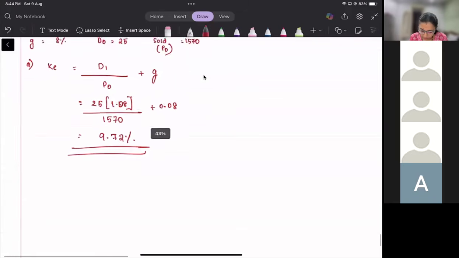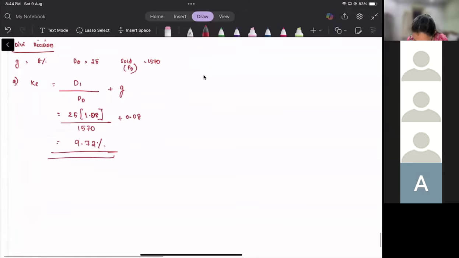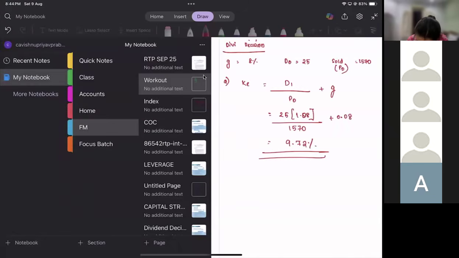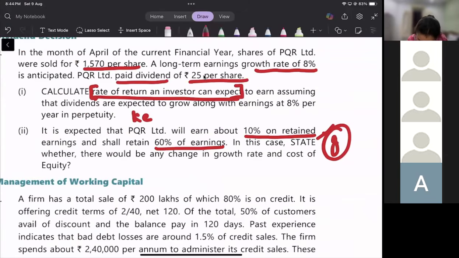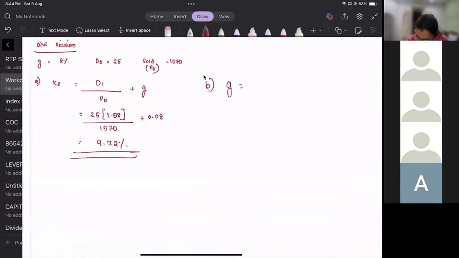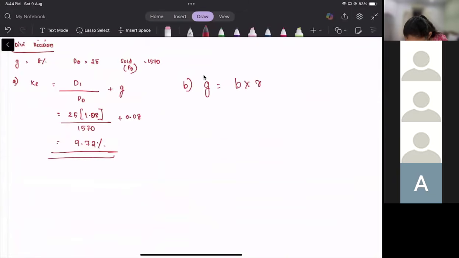Now going into the second part. Growth rate you can find out. How much is the growth rate? 60% and 10%, so B into R.